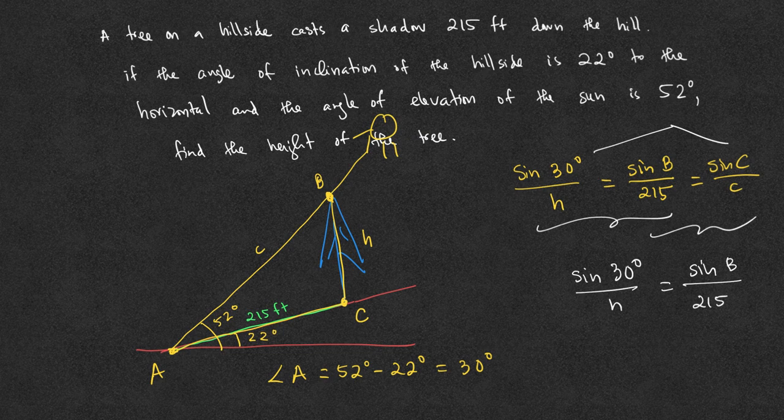Our wishful thinking is that we want to know the measure of the angle B, and so we will set out to find out what the measure of the angle B is.